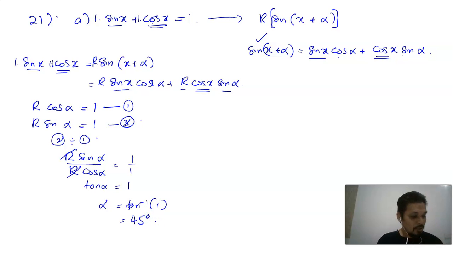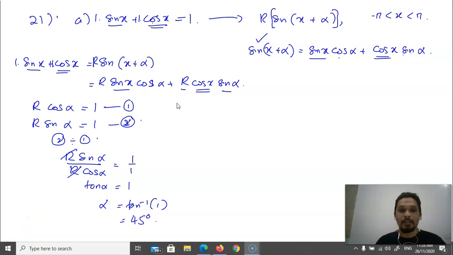Okay. Question 21, in the form of x from negative pi until pi. Okay. Then now we're going to find out the value of r.